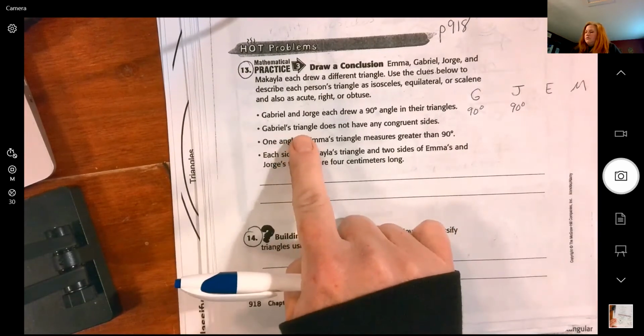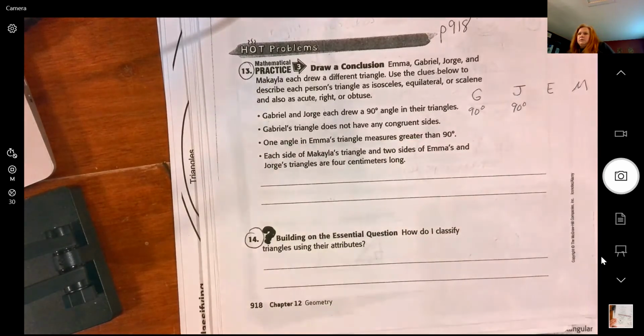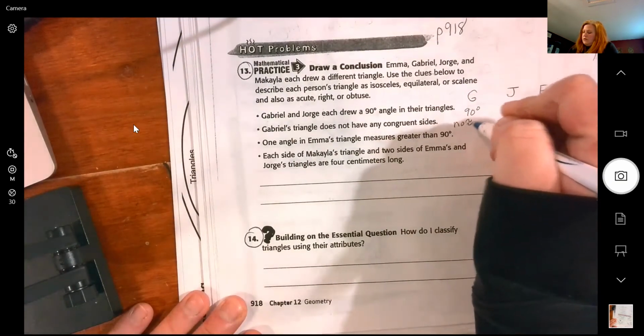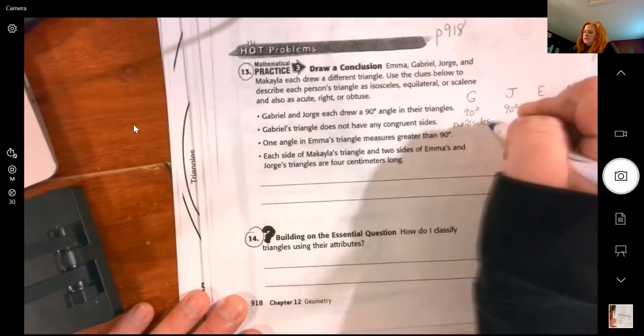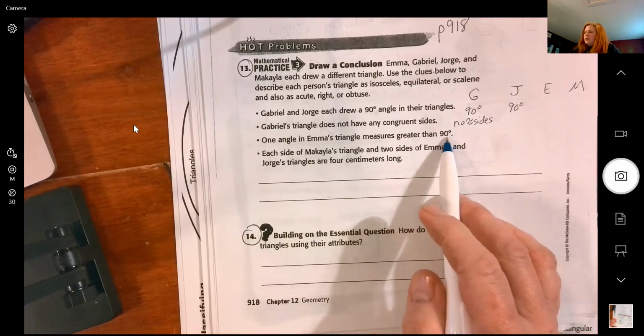Gabriel's triangle does not have any congruent sides. No congruent sides. One angle in Emma's triangle is greater than 90.